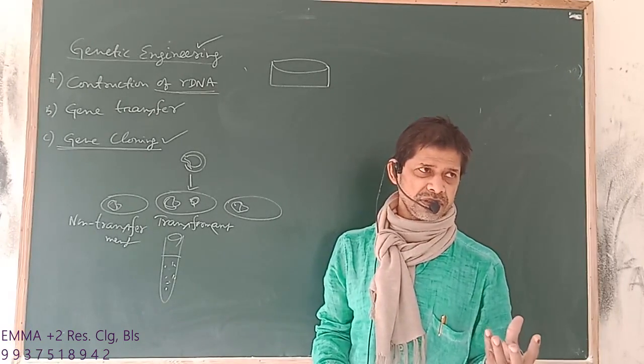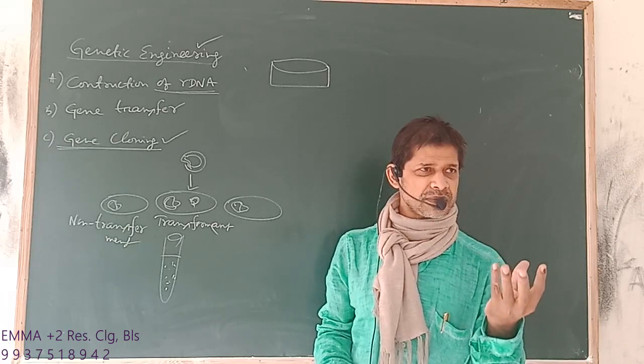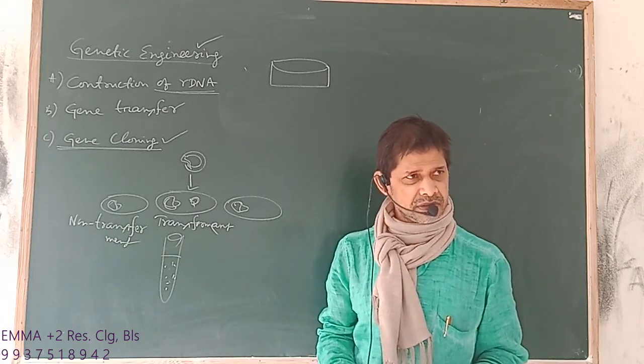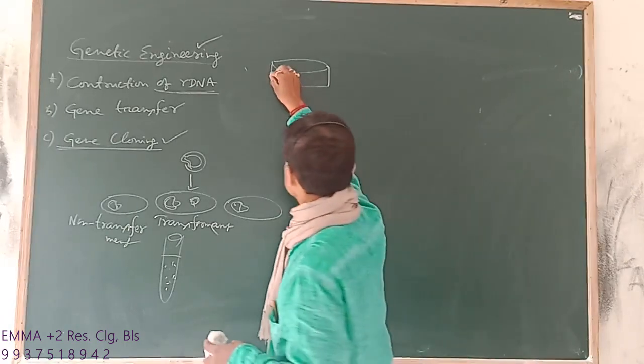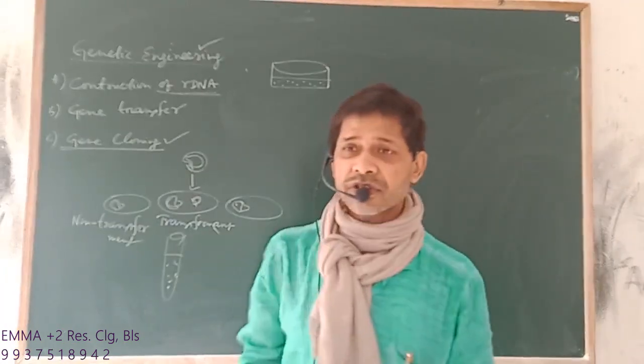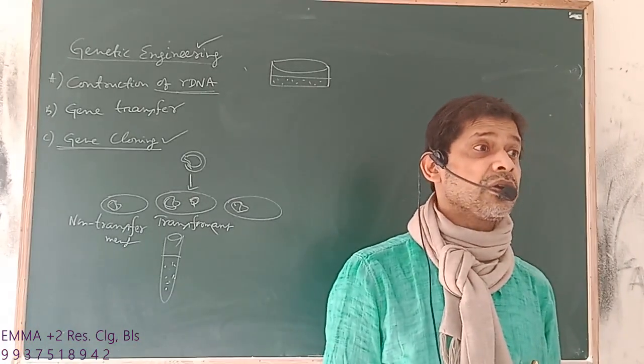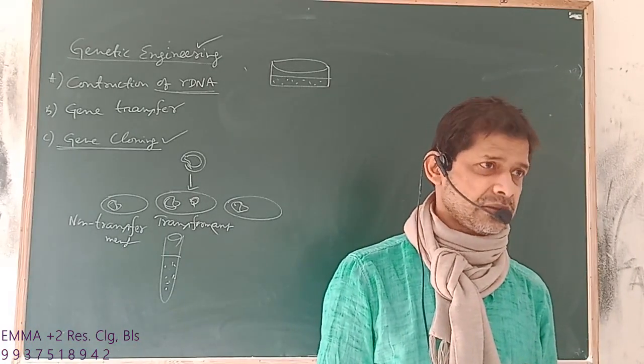In botany, zoology and microbiology laboratories, this small glassware is called a petri dish. In that petri dish, I introduce a culture medium. I told you, agarose gel is the culture medium for laboratory work.